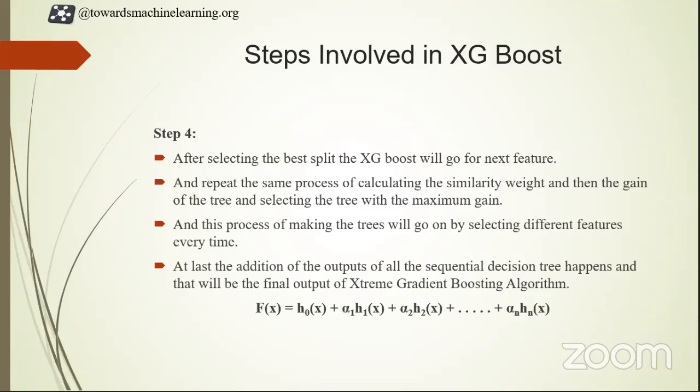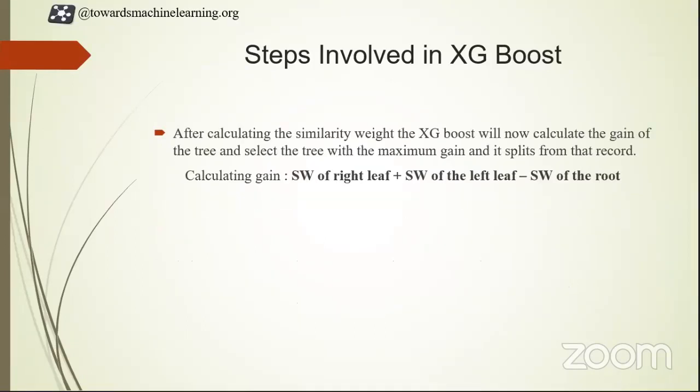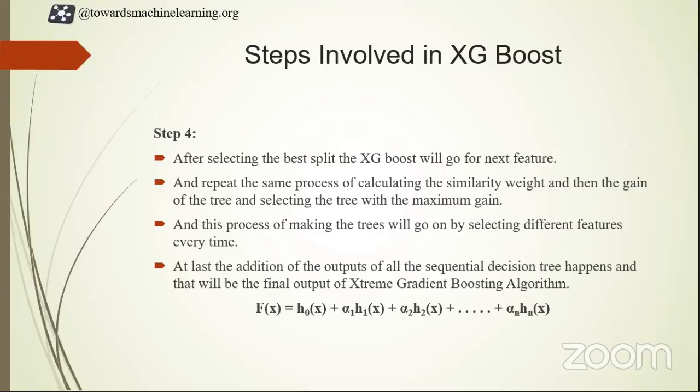So after selecting the best split, XGBoost will go for the next feature. As it has chosen the first feature for the root node, now it might choose the third feature or the fourth feature for the next split. Like this, XGBoost will go for the next feature, and it repeats the same process of calculating the similarity weight and then the gain of the tree and selecting the tree with the maximum gain.